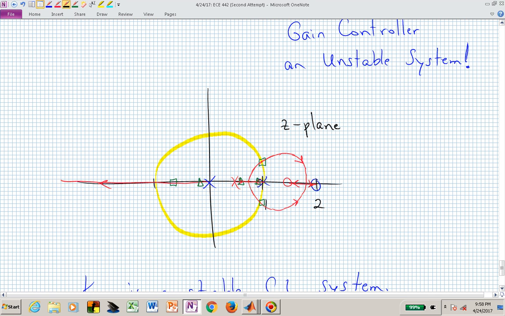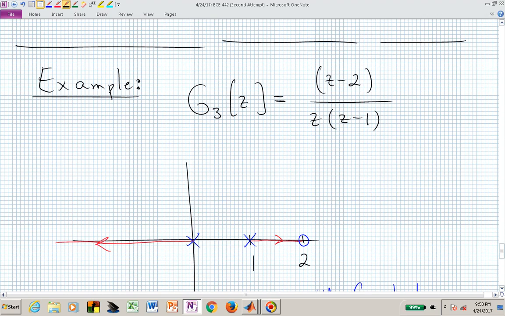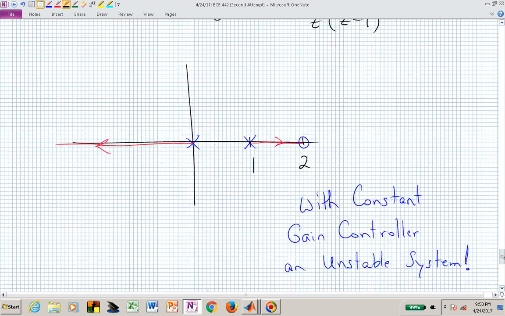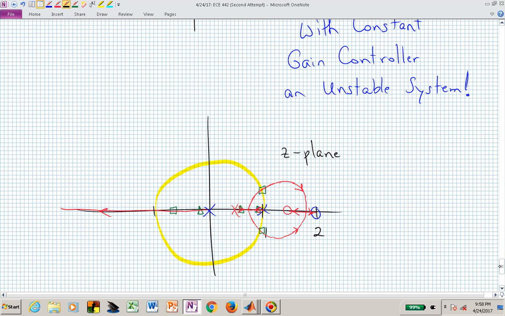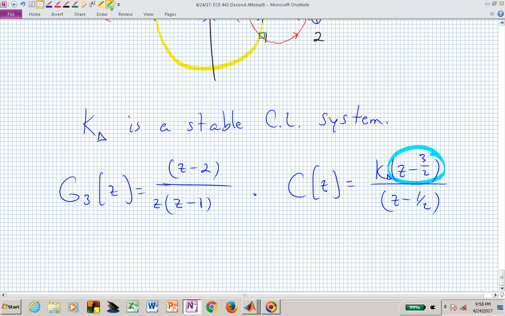In this last example, we started with a system that had a zero outside the unit circle, and in fact, to create a stable system, we needed to introduce another zero factor that's outside the unit circle. And in order to keep our controller causal, we needed to introduce a pole factor.